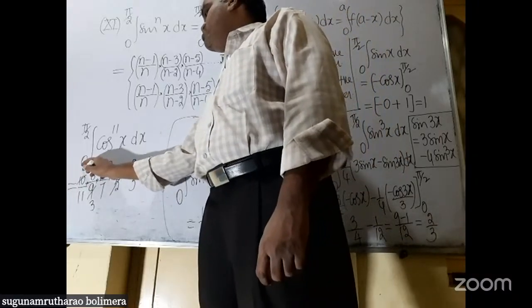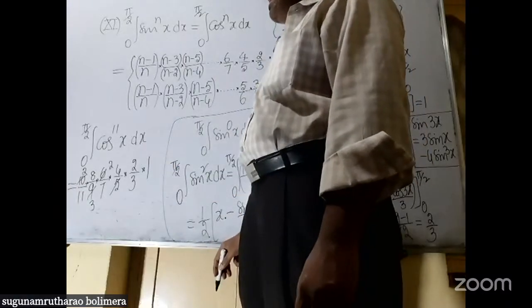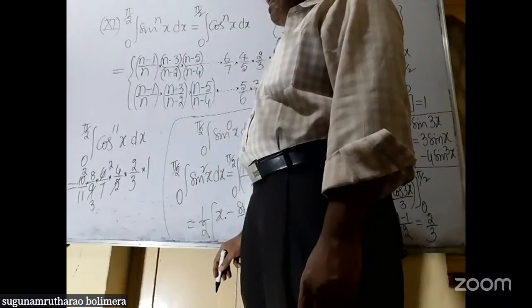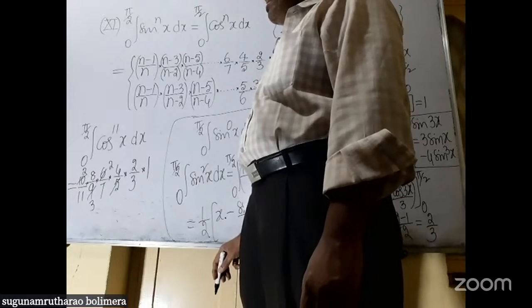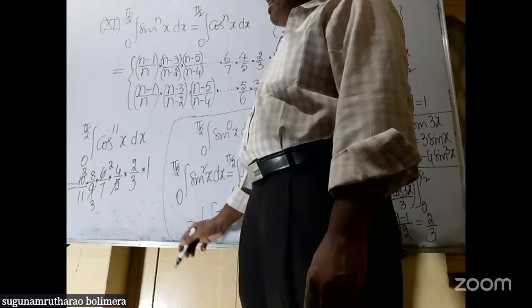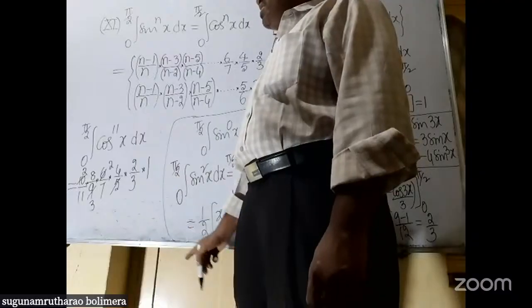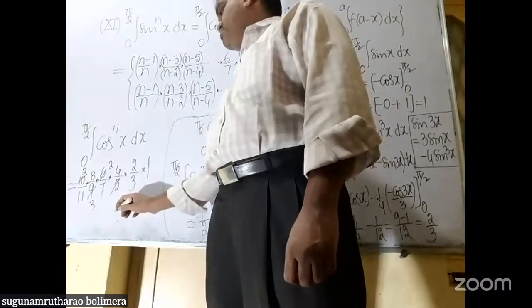Yeah, 5 twos. You may multiply now the numerator and this denominator. 33 threes, 99 into 7.